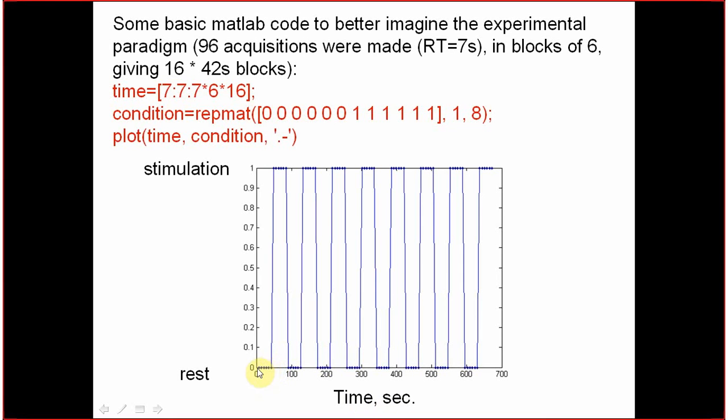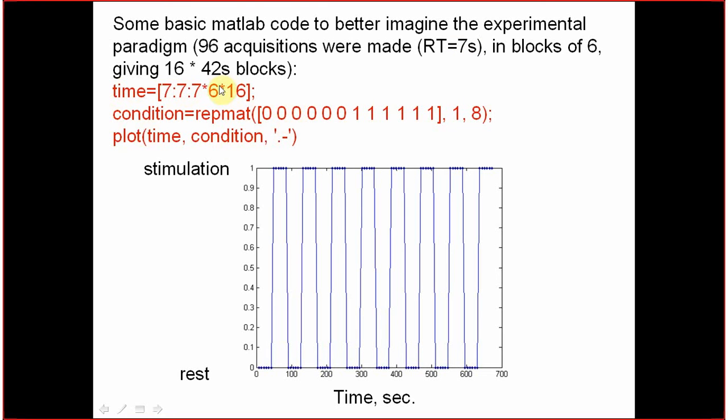First 6 scans rest, second 6 scans stimulation, then rest again, then stimulation again. Each of those takes 42 seconds, which is 6 times 7 seconds.